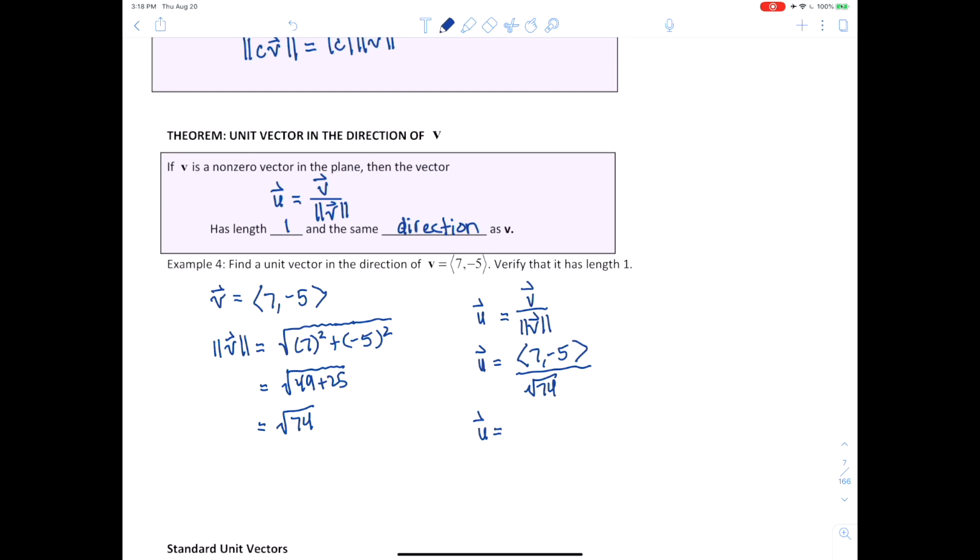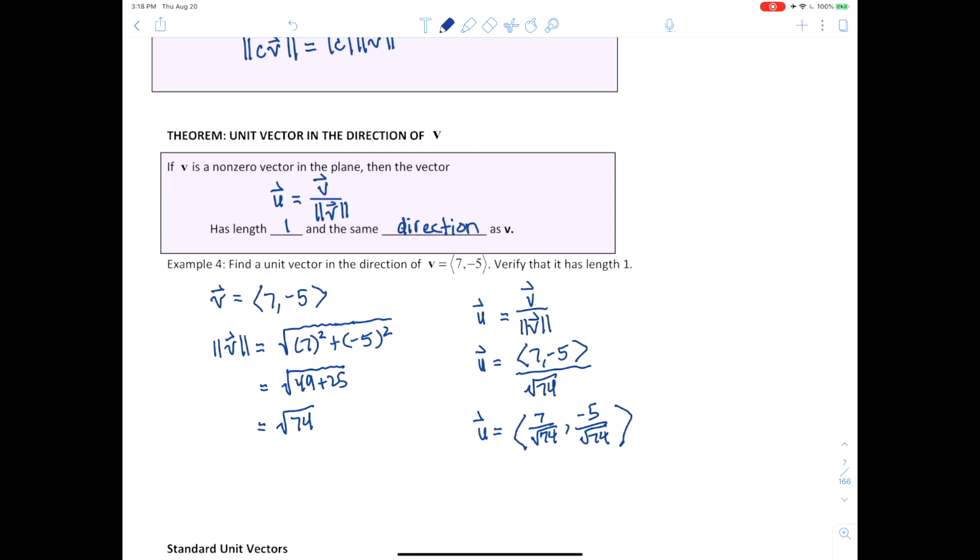I don't care about you rationalizing denominators, by the way. So we'll bring the scalar, which is 1 over root 74, into the component form. So we'll get (7 over root 74, negative 5 over root 74), and we're done.